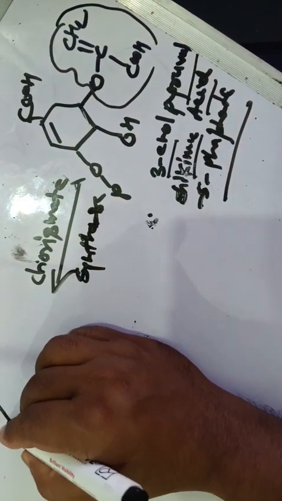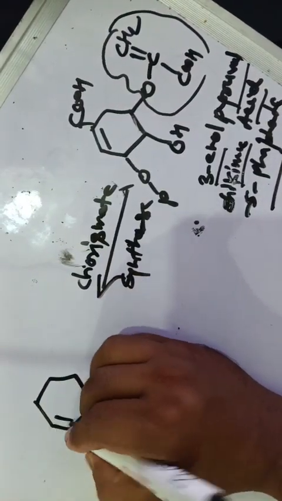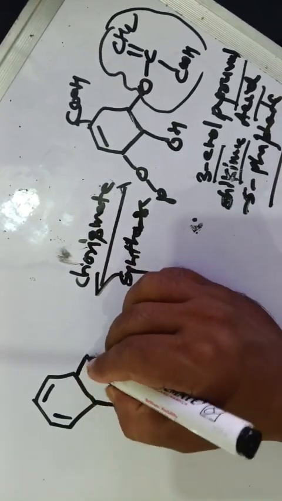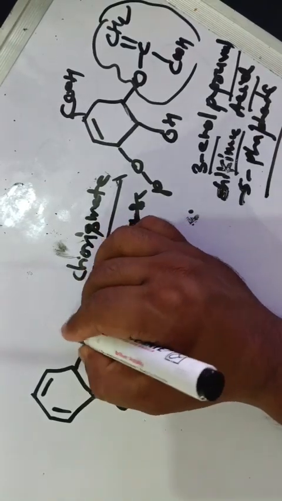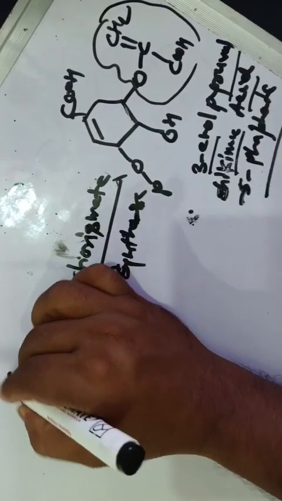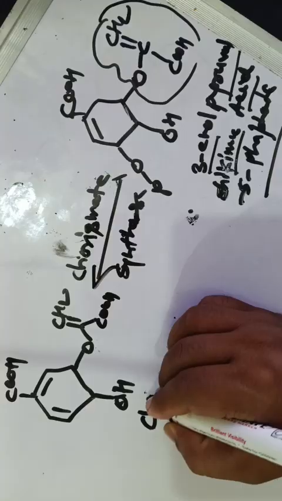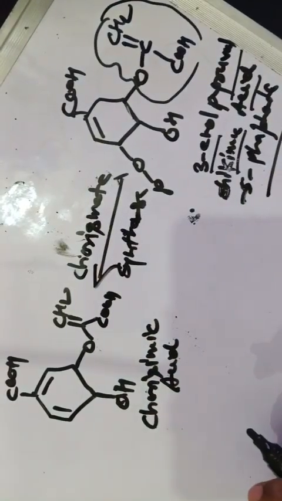After using this enzyme, we will get a new product, that is chorismic acid. We are going to make OH, O, COOH, double bond CH2 and COOH. This is chorismic acid.